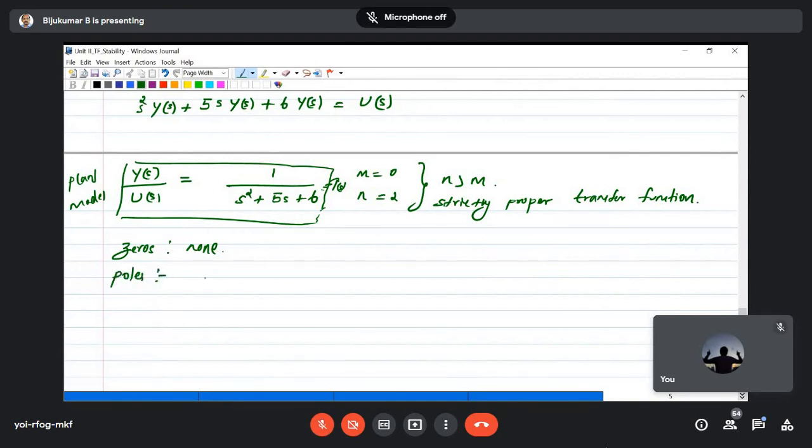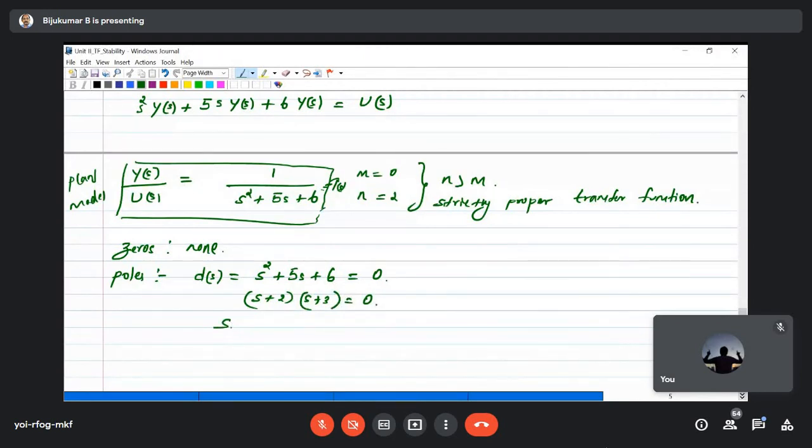How will you find the poles? In order to find the poles, you have to equate the denominator polynomial to 0, right? The denominator polynomial d of s is nothing but s square plus 5s plus 6. It can be equated to 0 so that I can find the roots. So it will become s plus 2 multiplied by s plus 3 equal to 0.